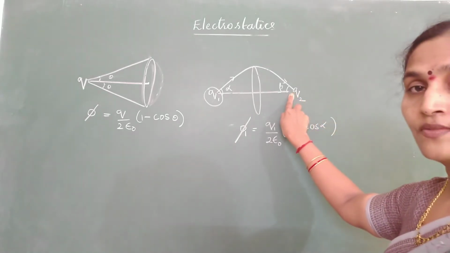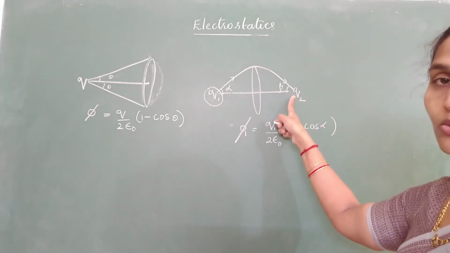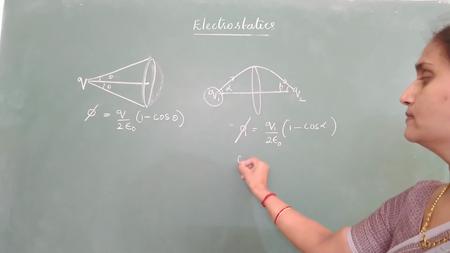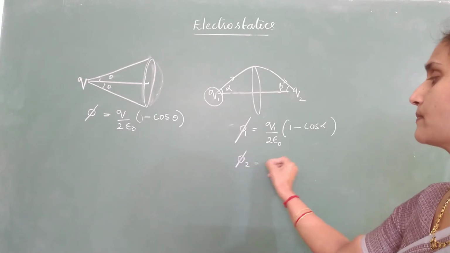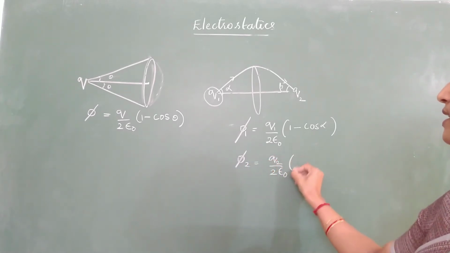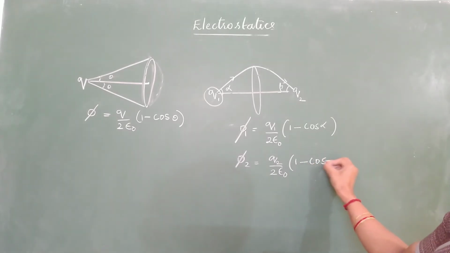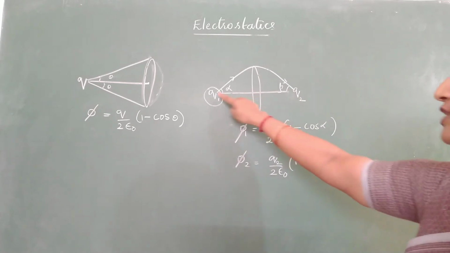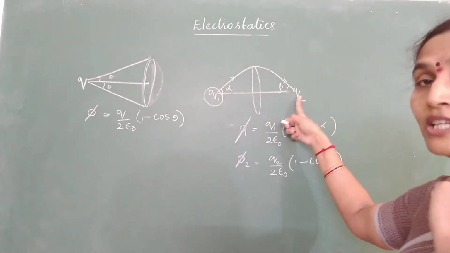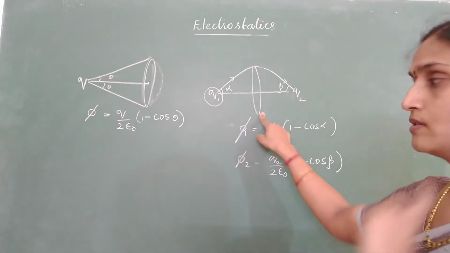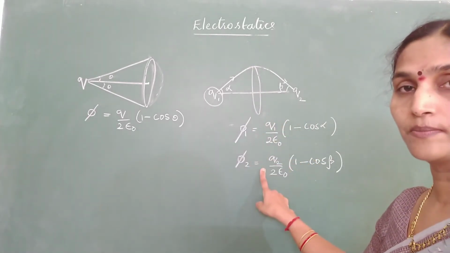Then if this is a negative charge, or Q2, flux which is reaching this Q2, phi 2, is equal to Q2 by 2 epsilon naught into 1 minus cos beta, because here angle is beta. Here flux is entering the surface, this is leaving the surface. We know the net flux passing through the disc should be 0. Whatever flux is entering has to leave from the other side.